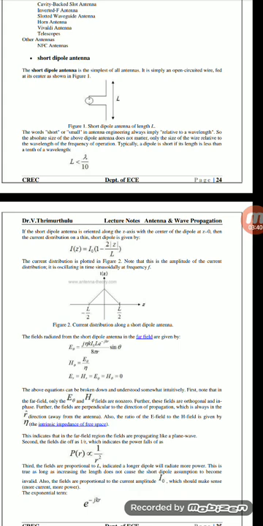That is the main short dipole antenna formula. Otherwise, H phi equals E theta by eta. E r, E phi, H r and H theta all equal 0.